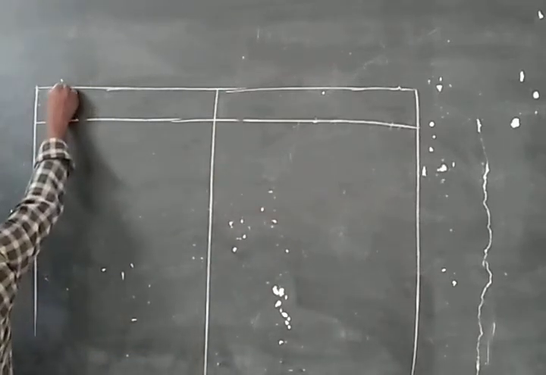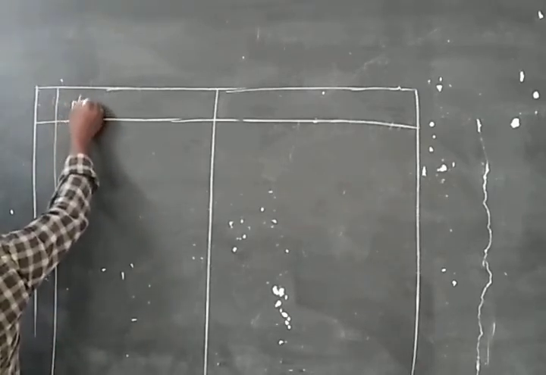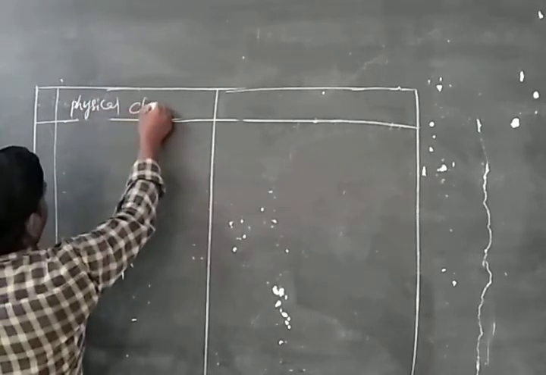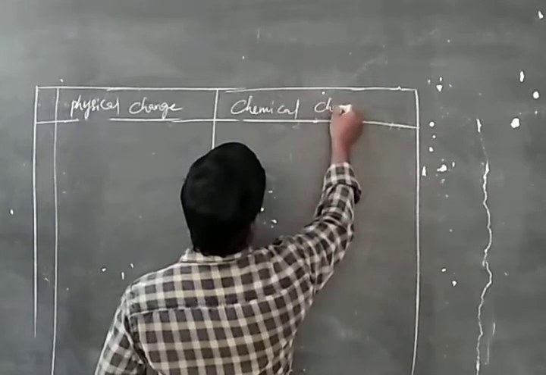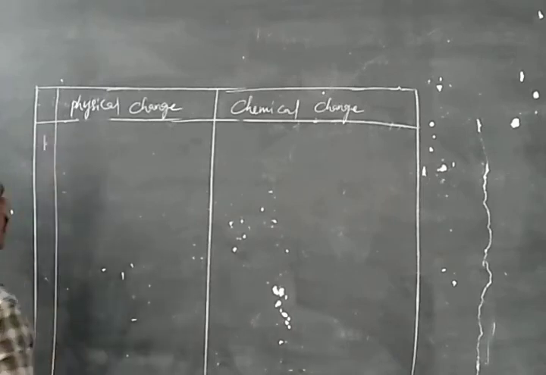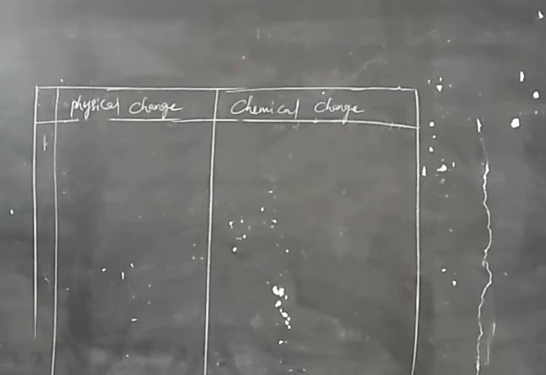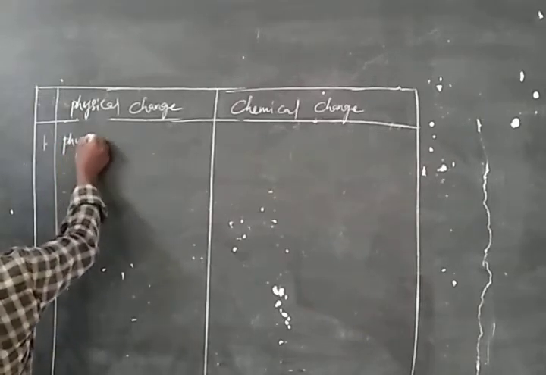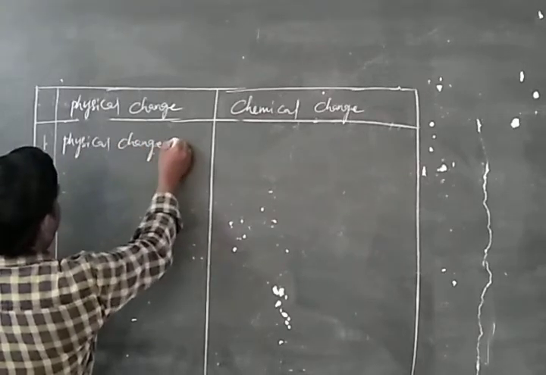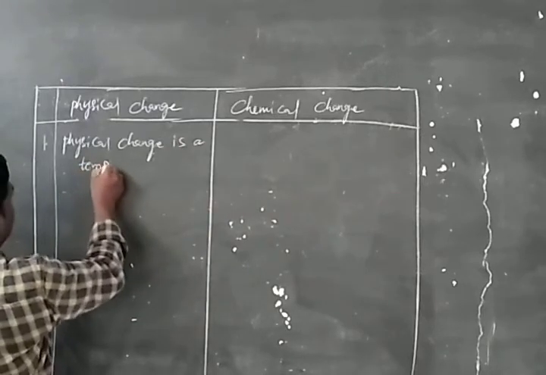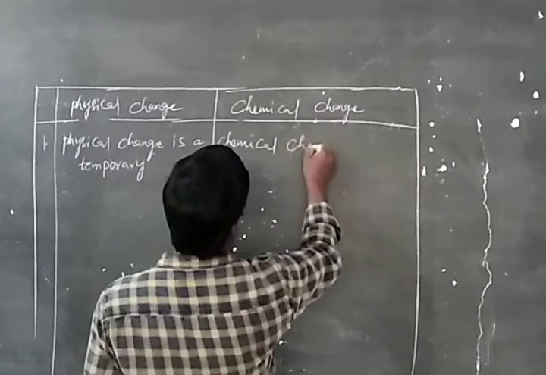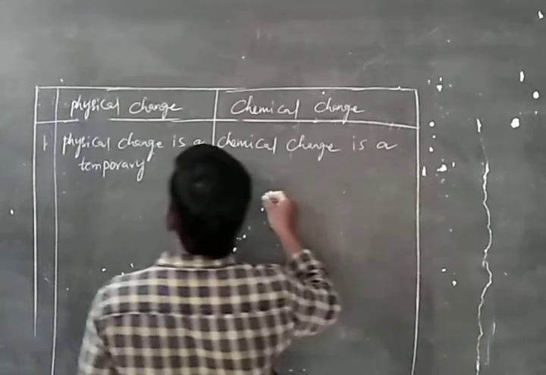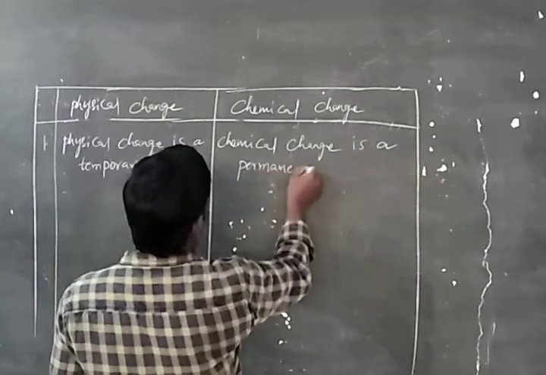Physical change and chemical change. First, physical change is temporary, and chemical change is permanent.